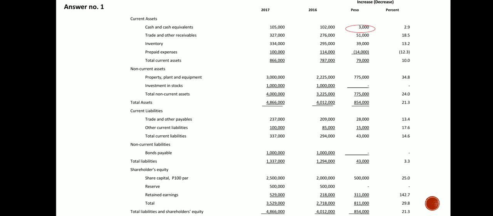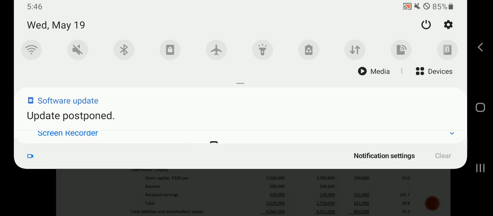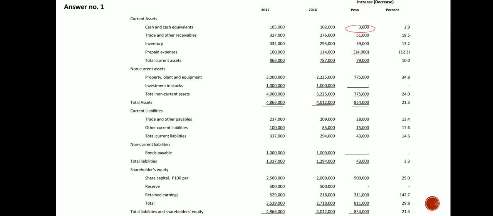So 105,000 minus 102,000 is a 3,000 increase, since the amount in 2017 is bigger than the base amount in 2016. The 3,000 pesos increase is equivalent to 2.9%. So how to get it? 3,000 divided by the base amount of 102,000. So that is 2.9%.